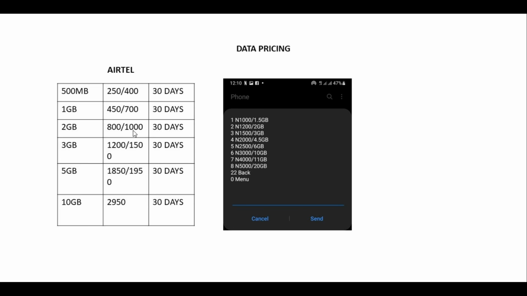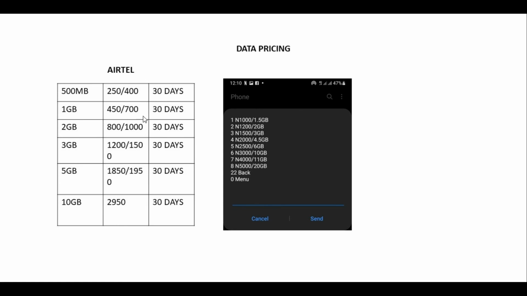By the time you sell it at 1000, that's 300 naira gain. Since you're selling at 1,000, you're not going to buy at 1,200. So you already have 300.